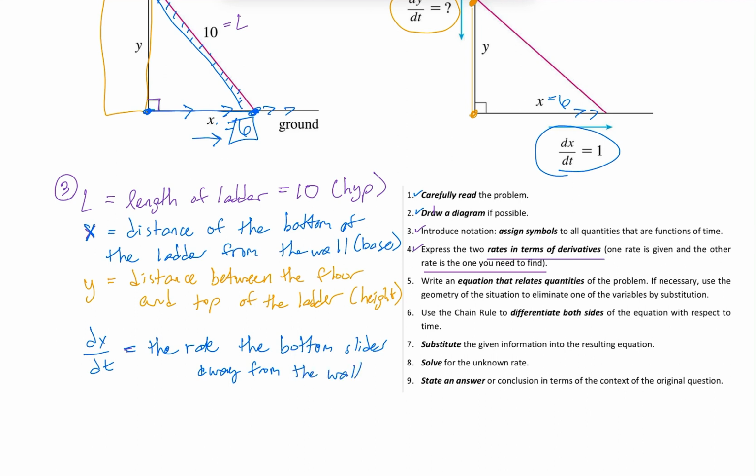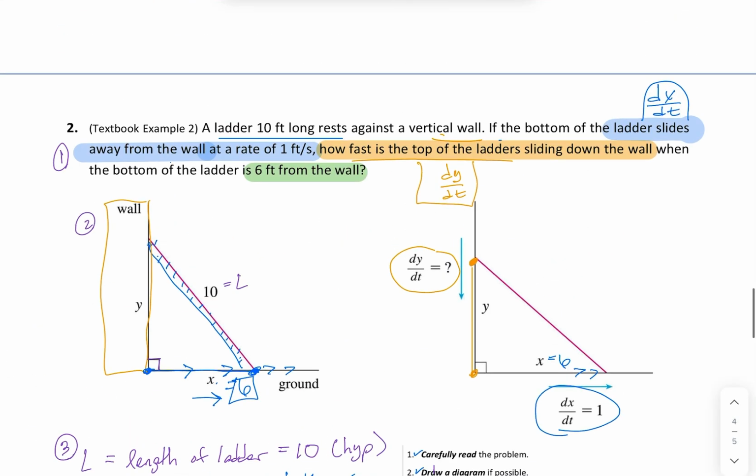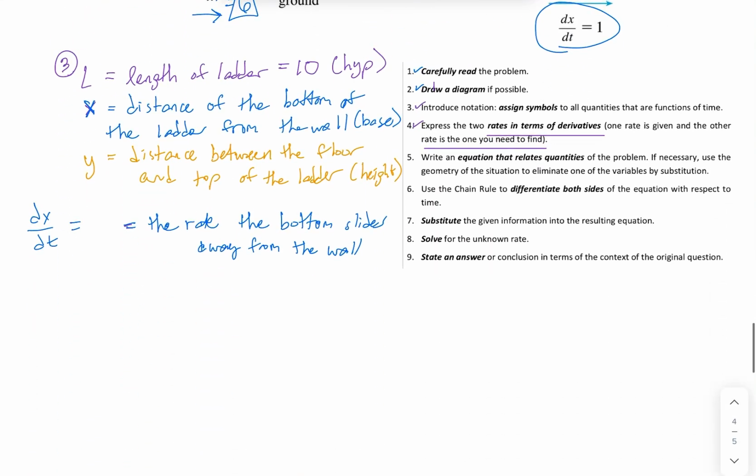They gave dx dt is equal to 1. That's what they gave us in that blue highlight. The ladder slides away from the wall at a rate of 1 foot per second. So that was given to us.